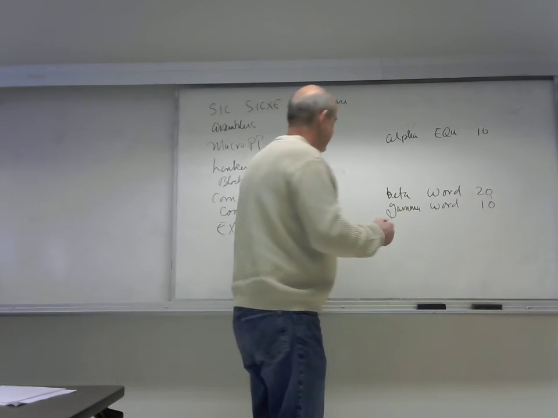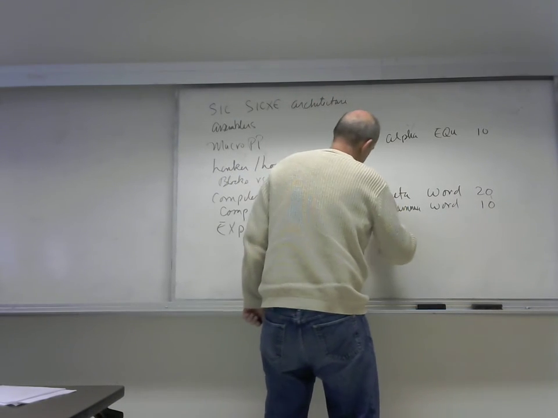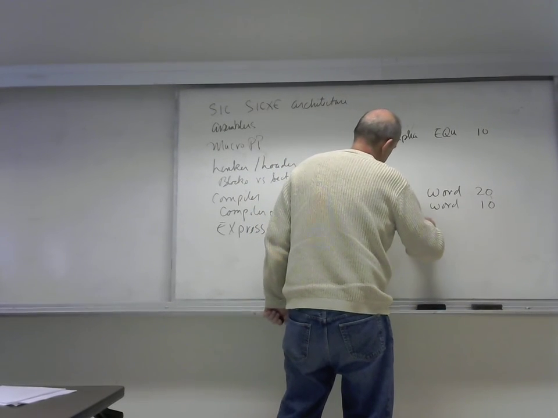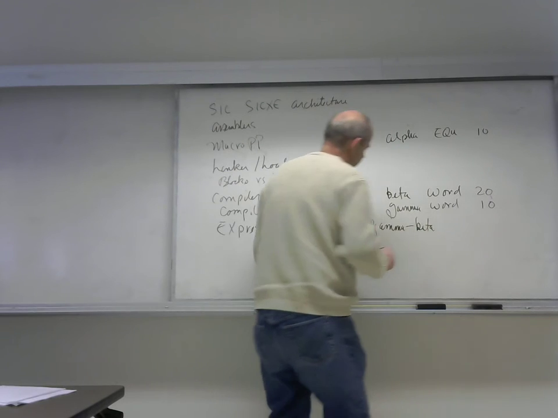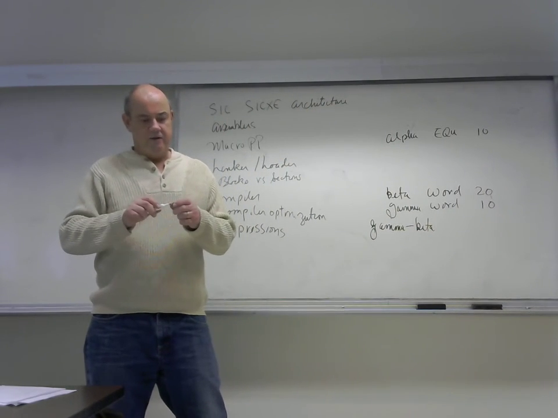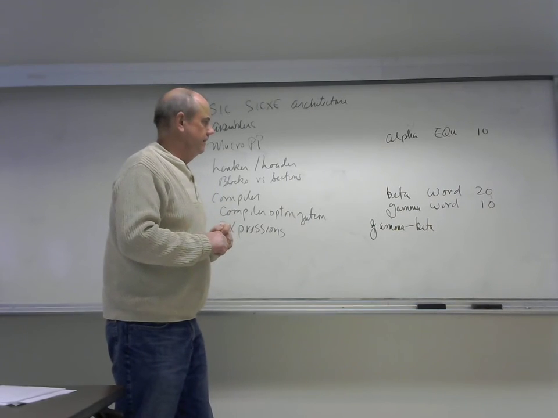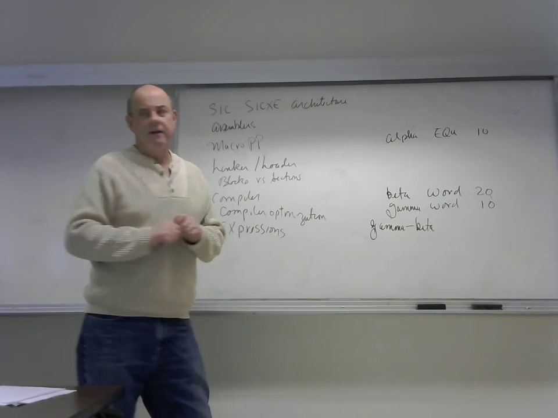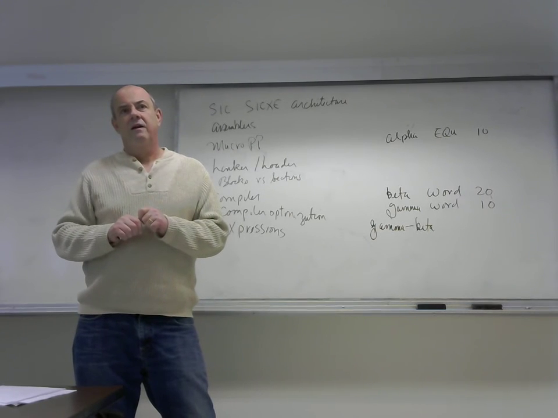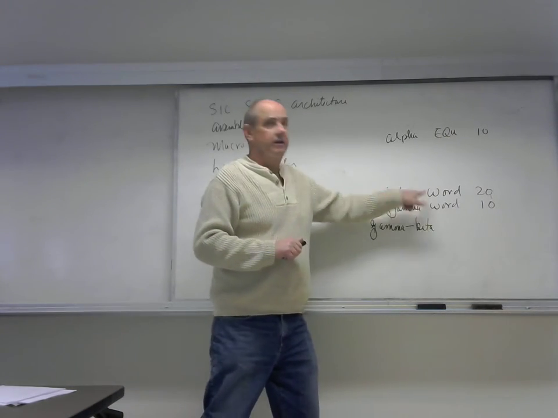So does this make sense? Gamma minus beta. Yes, it does. Well, that's a constant. What's gamma minus beta? 3. Because this is size word.